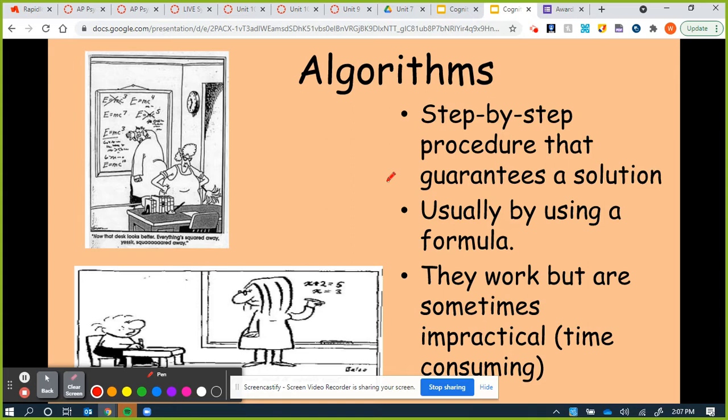If you do it right, you're going to get the right answer, but they can be impractical because they are very time-consuming. Like if you were trying to figure out a locker combination and you just decided to start at 0, 0, 0 and go all the way through them, eventually you're going to get the right locker combination, but it might take a really long time to get there.